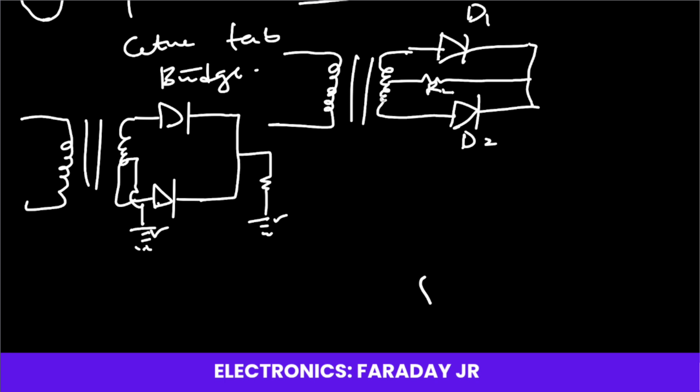Okay. Now, anytime we are getting our input, we are inputting our source, which is AC, right? We always consider it cycle by cycle, right? So first of all, we are going to consider the positive half cycle. But the question here is, why is it called the center-tapped rectification, right?